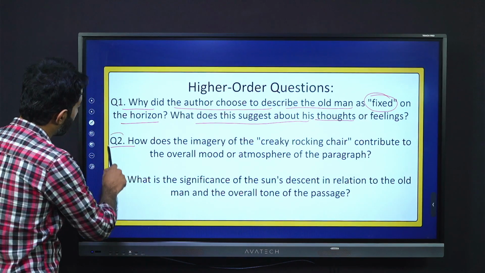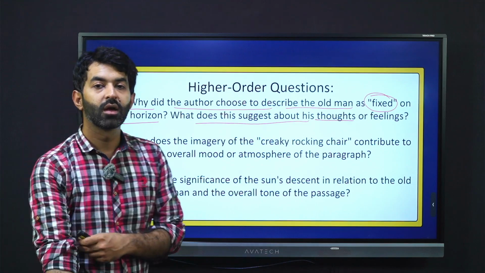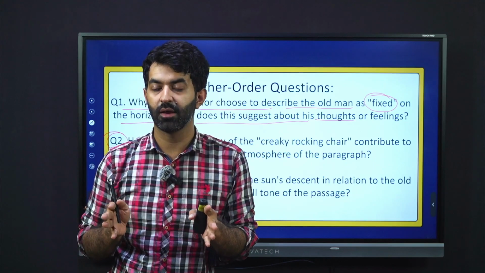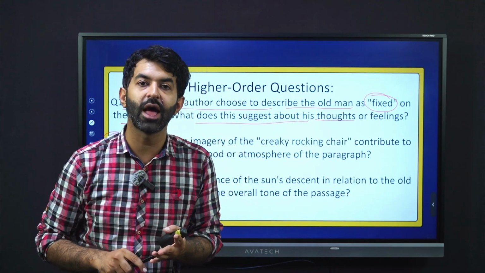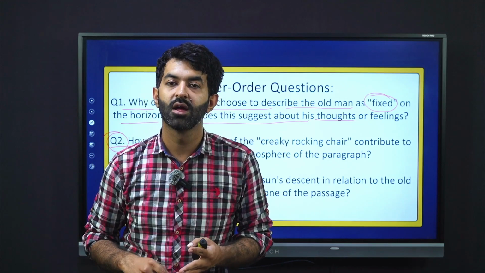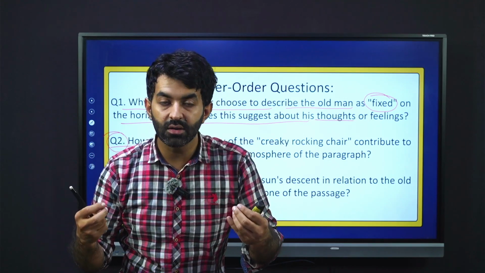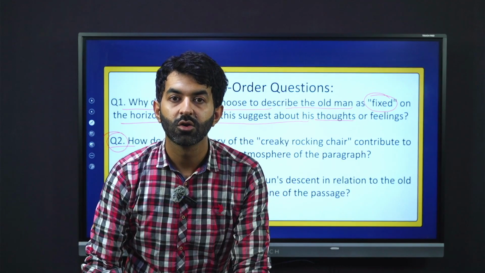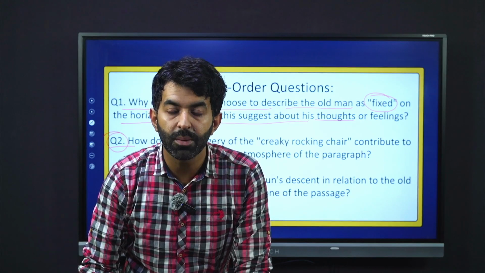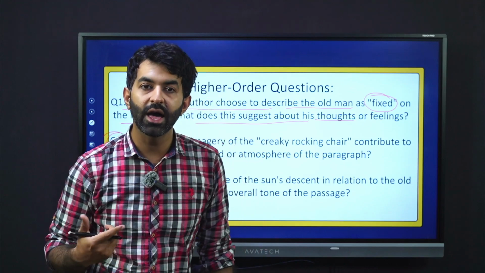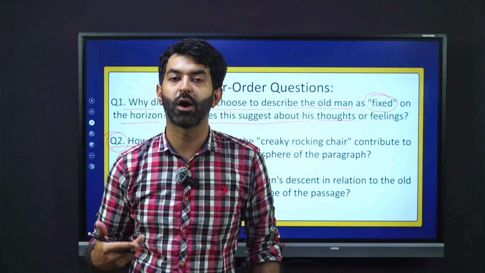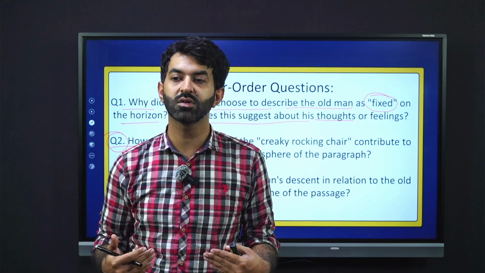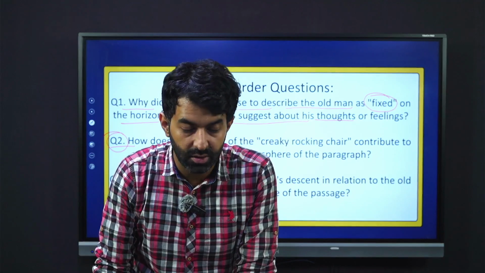Now, in higher order thinking questions, the elements, the devices, if it's a poetry, then you will have poetic devices like simile, metaphor. So if the examiner, if the question paper is saying that talk about imagery, talk about symbolism or irony about the story, about the given passage, then obviously this is not a lower order thinking question, rather it's a higher order thinking question.